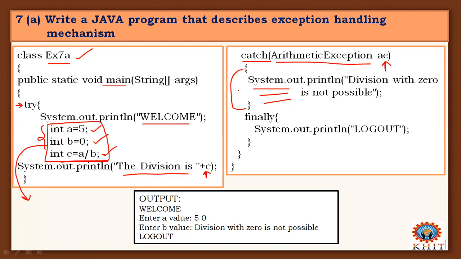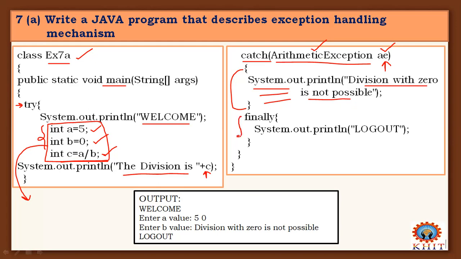Arithmetic exception. That's why here we require an ArithmeticException object called A. We are simply displaying a message so that when this type of exception occurs in our piece of code, the message is displayed to the user of this program: division with 0 is not possible.